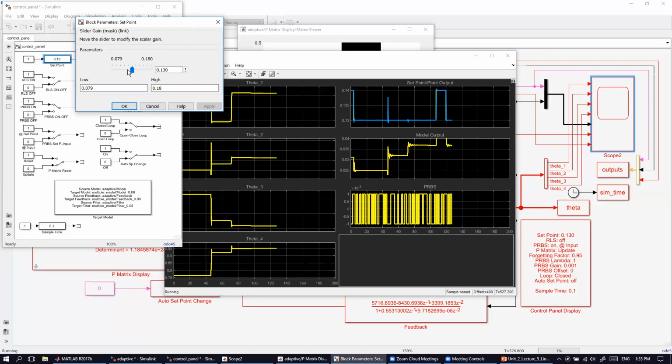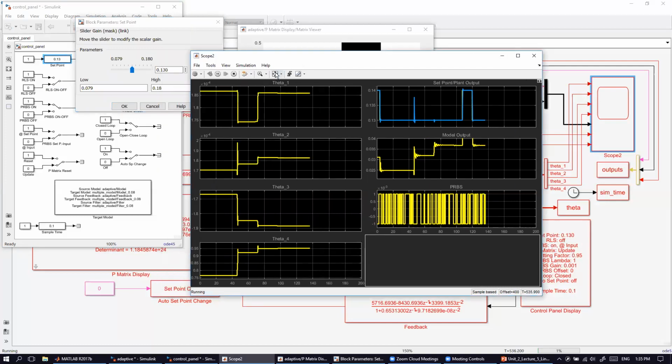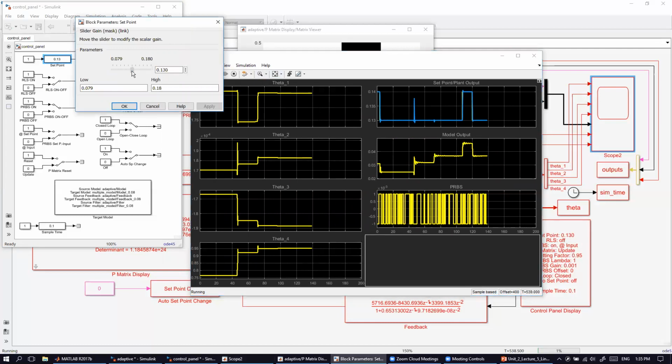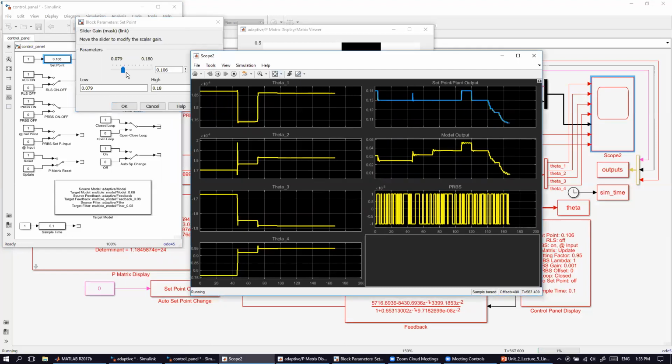And now I'm going to bring the system down to the low operating point, without the adaptation, something like that.